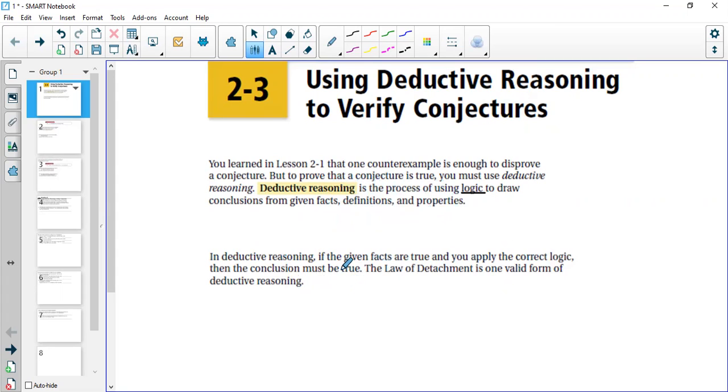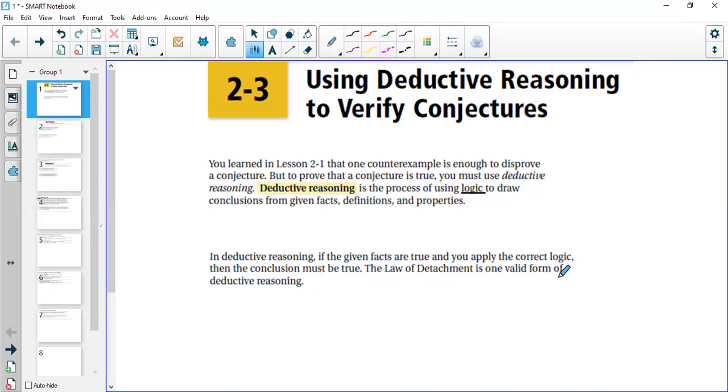We need to think in all the ways. If we are going deep into giving reasons, collecting facts and information, that's called deductive reasoning, because we are using our logic to work out how to prove it right. If the given facts are true and you apply the correct logic, then the conclusion must be true.